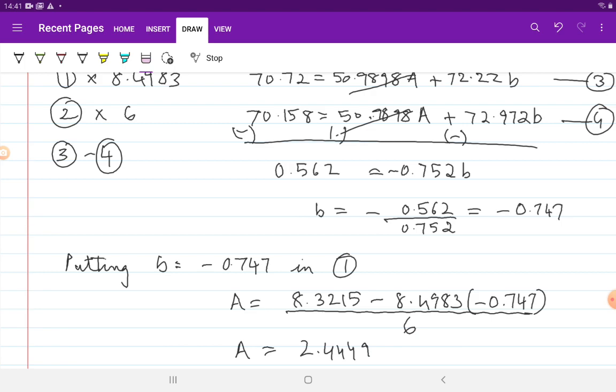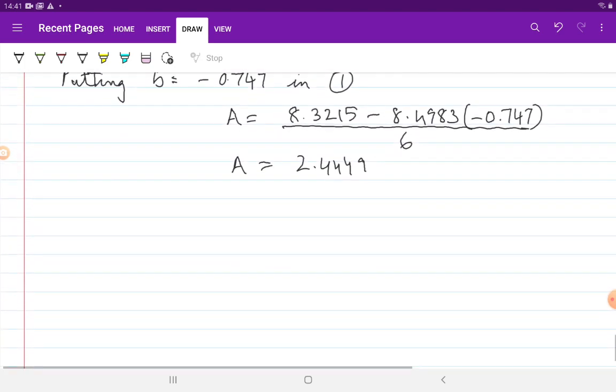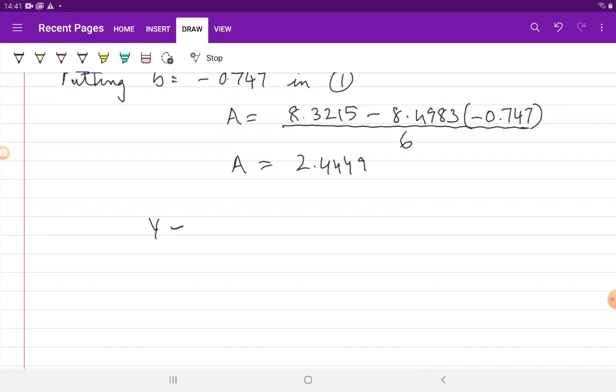Now remember, the question asked you to fit the curve as small y is equal to small a times small x to the power b.